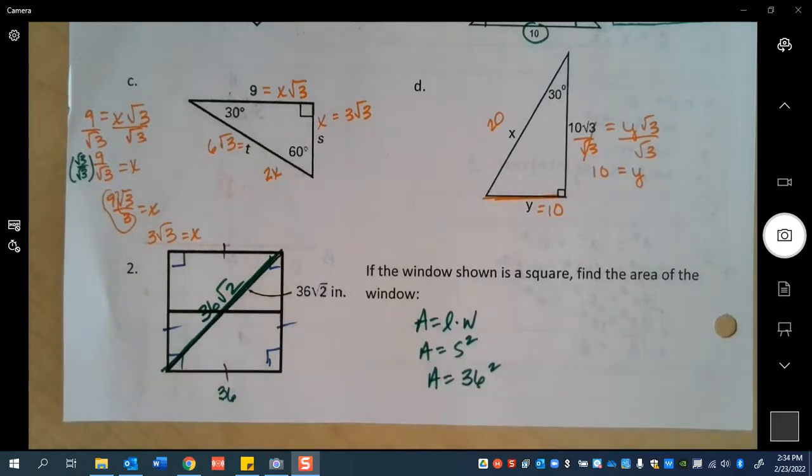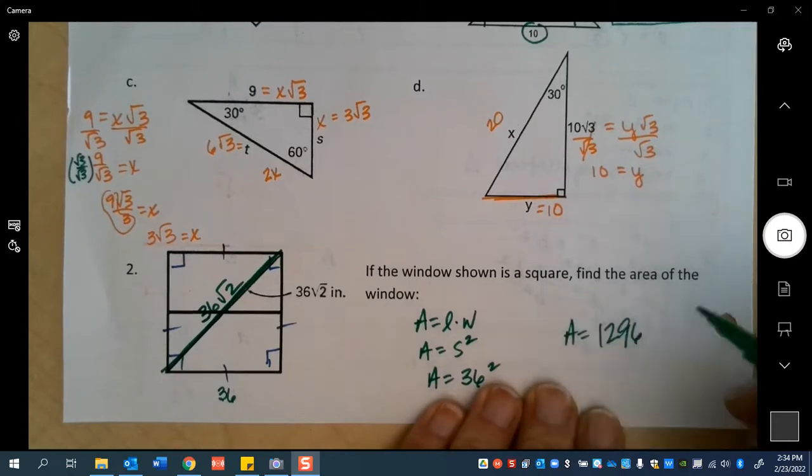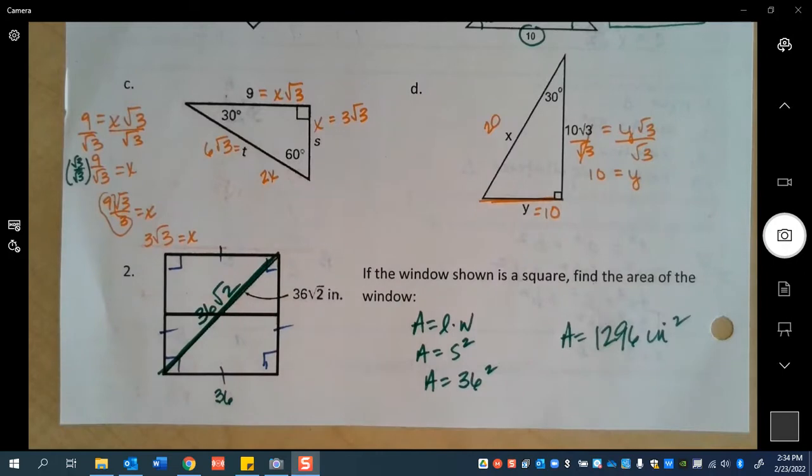So the area of my window is going to be 36 squared, inches squared.